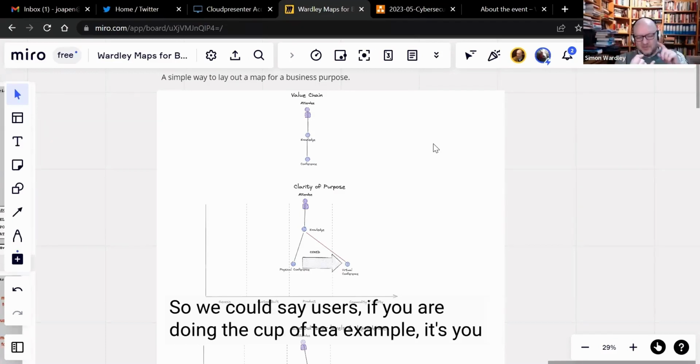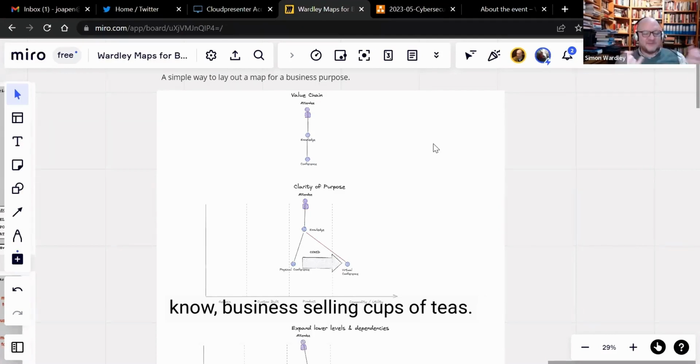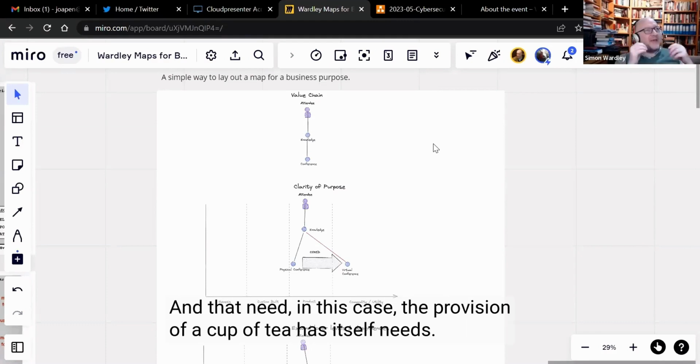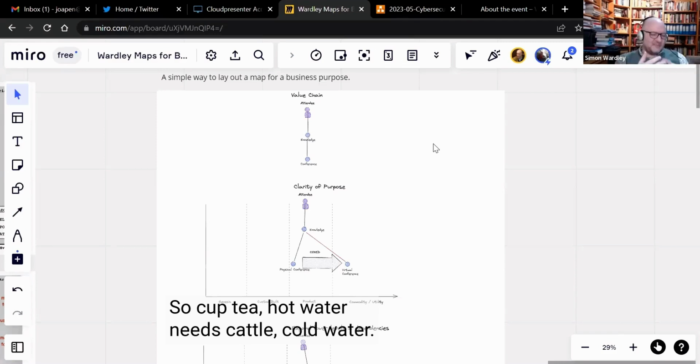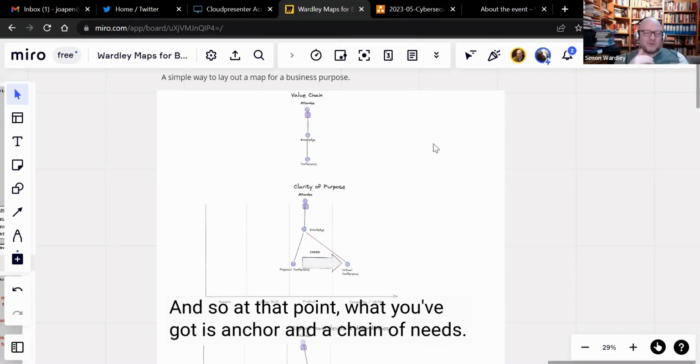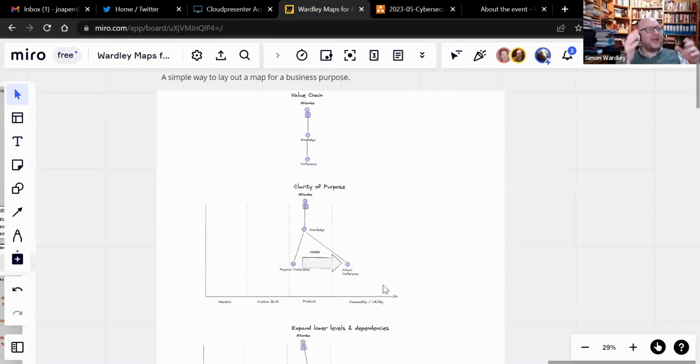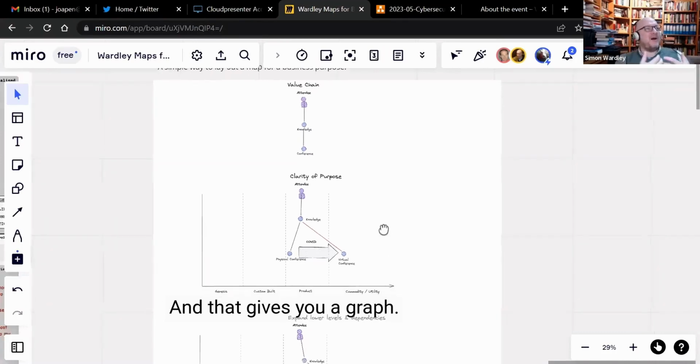So we could say users. If you're doing the cup of tea example, it's a business selling cups of tea, so it would be users and the business, and they share a common need, the provision of a cup of tea, which has itself needs. So cup, tea, hot water needs kettle, cold water, and so at that point, what you've got is an anchor and a chain of needs, and that gives you a graph.